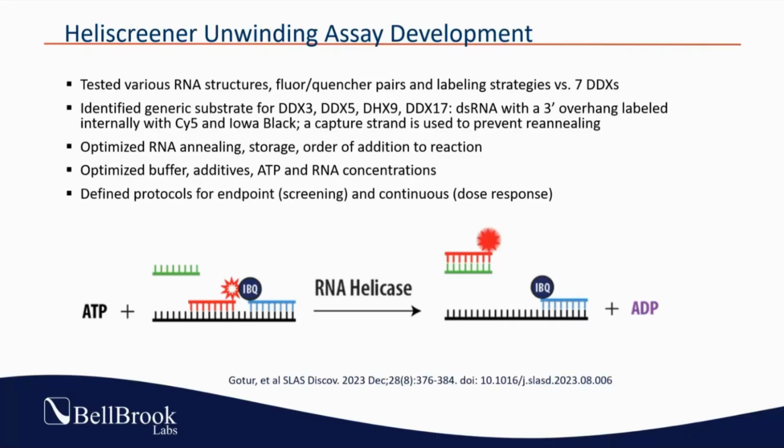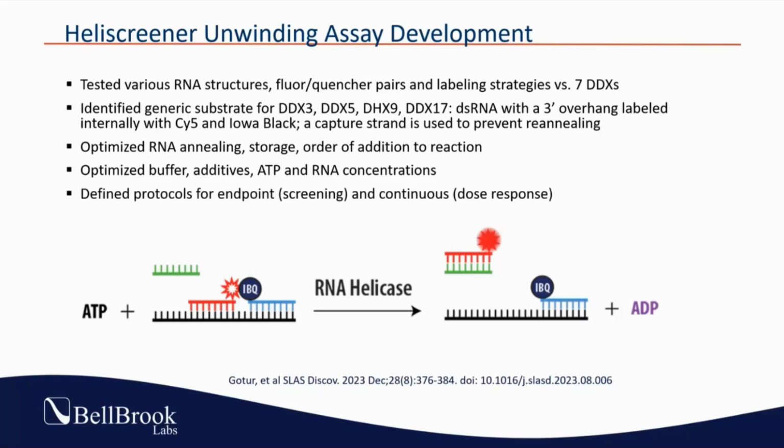So for the unwinding assay, this is a fluorescence dequenching assay, and this type of assay has been used for helicases, more for DNA helicases, for many years. But our goal is to develop an assay with the performance required for HTS, and so a nice, good assay window and very little noise.